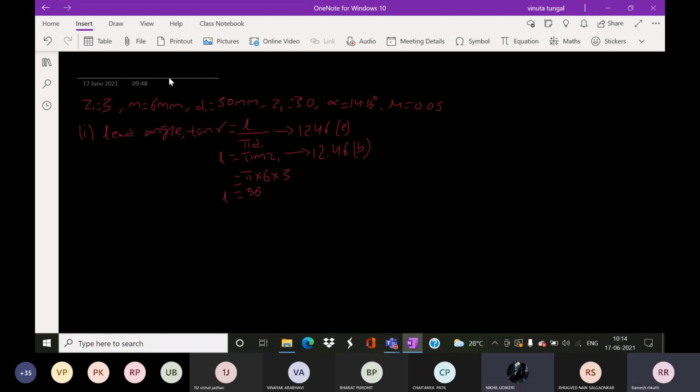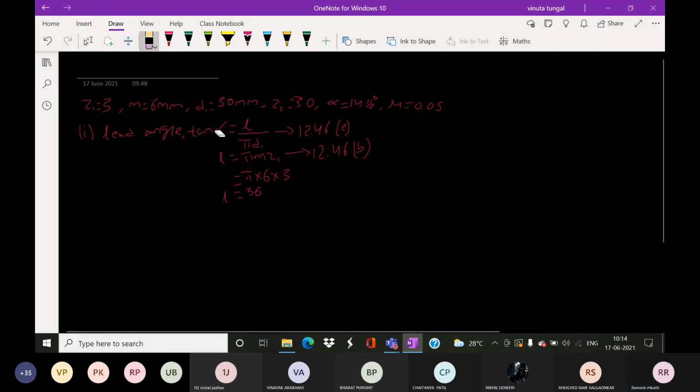So L is 56.54 mm. Once you get this, you can get the angle.